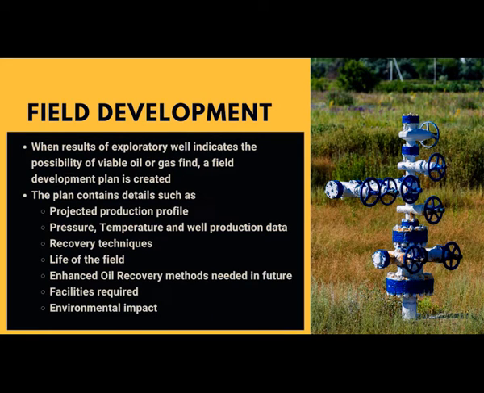The plan contains details such as projected production profile, pressure, temperature and well production data, recovery techniques, life of the field, enhanced oil recovery methods, facilities required to develop, and environmental impact. So all these things are taken care of, and accordingly the infrastructure is being developed.